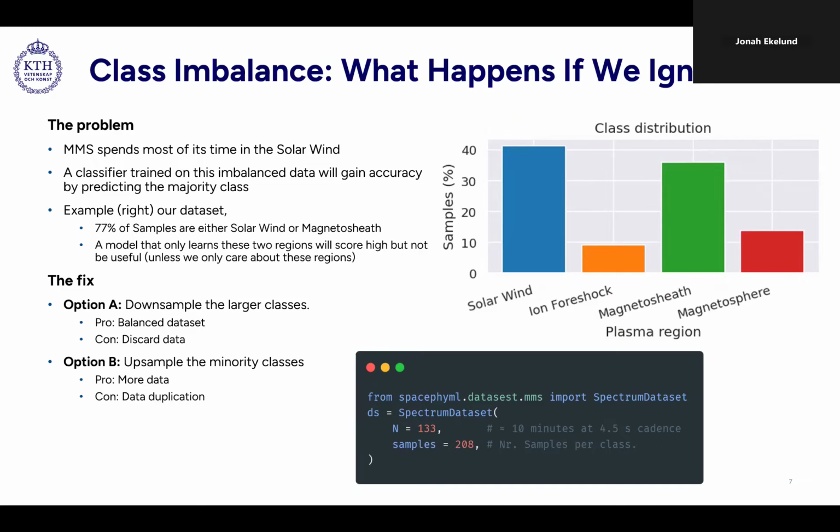If you downsample the solar wind and magnetosheath cases, will your model be poor in all four cases, or equally good in all four cases? When you discard data, you will maybe have worse results for solar wind and magnetosheath, and the same results for ion foreshock and magnetosphere, or not?